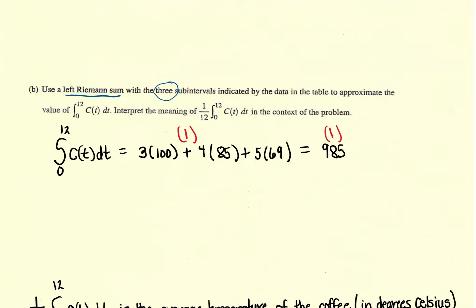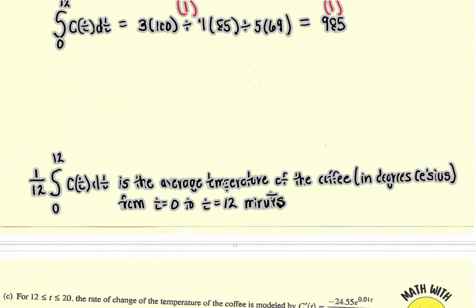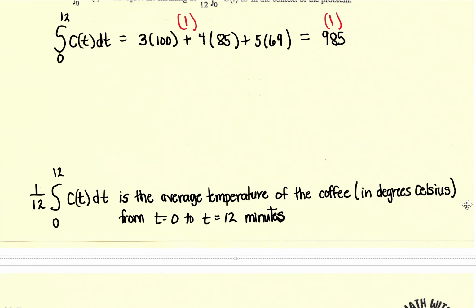All right, then it says to interpret the meaning of 1/12 times that integral in the context of this problem. Remember that when you have a fraction out there, that's always implying average. So it's going to be the average temperature of the coffee in degrees Celsius from time t is 0 to time t is equal to 12 minutes.